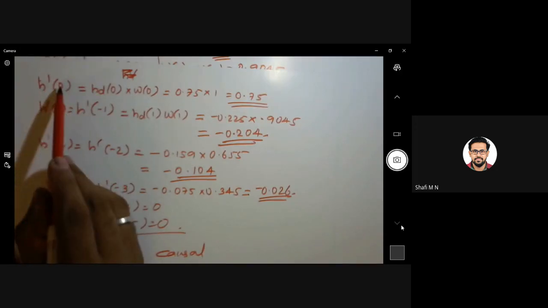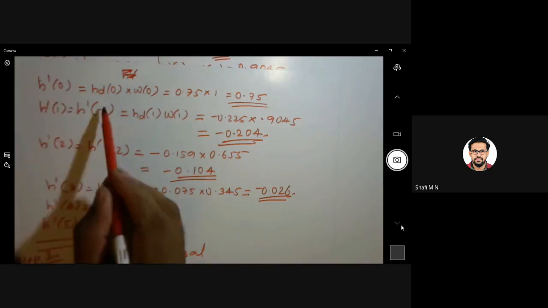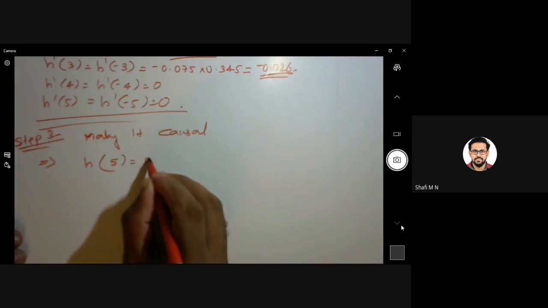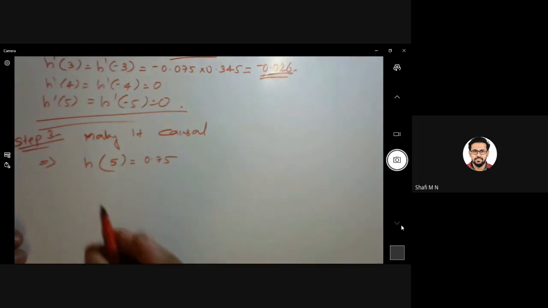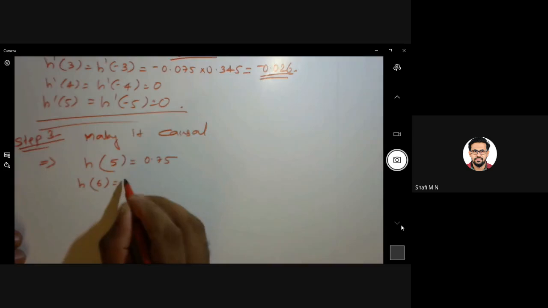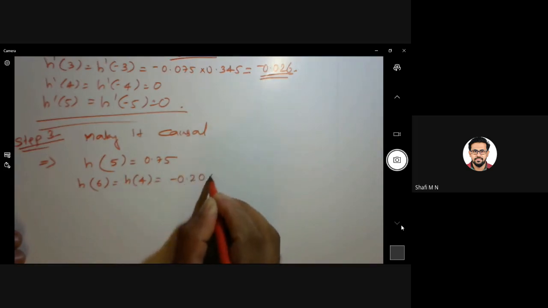h dash of 0 becomes h of 5, that is 0 plus 5. 1 plus 5. You have to go on like this. So h of 5 will be how much? 0.75. This will be the final design. Then h of 6 equal to h of 4, that will be -0.204.